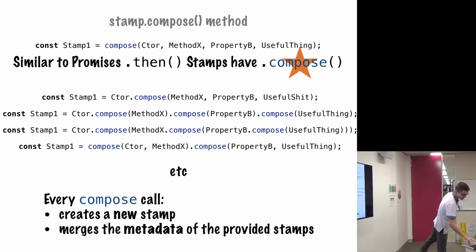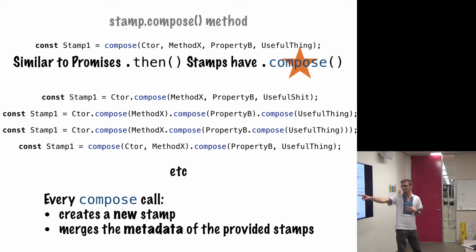So you probably already understood that every compose call, doesn't really matter if it's .compose or the function, will create a new stem. And compose actually merges the metadata from the provided stems, like merges the metadata together and the stem becomes just a little bit bigger.